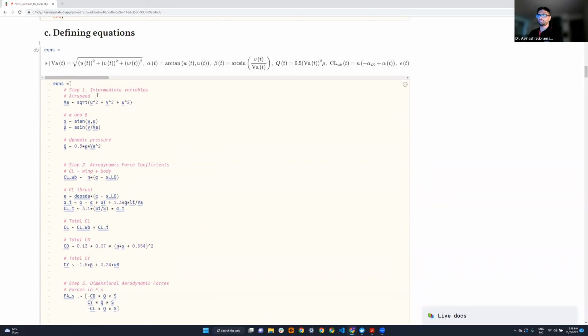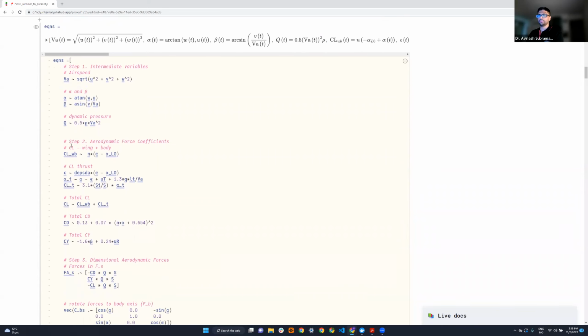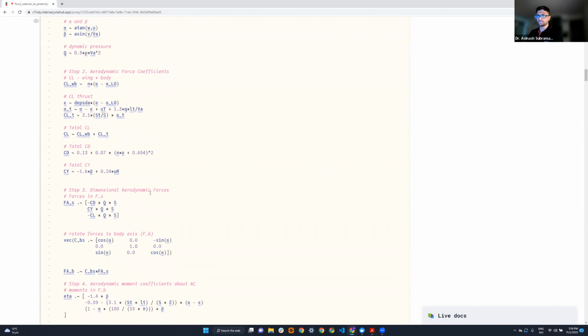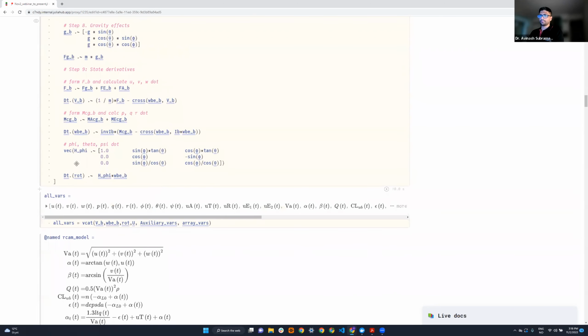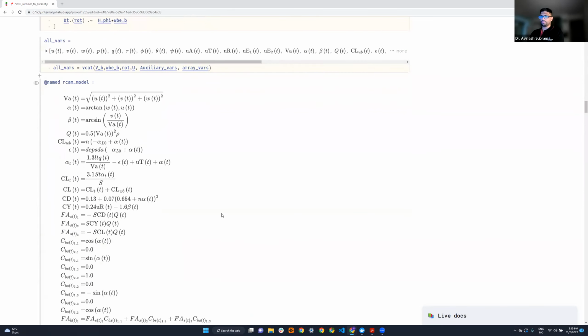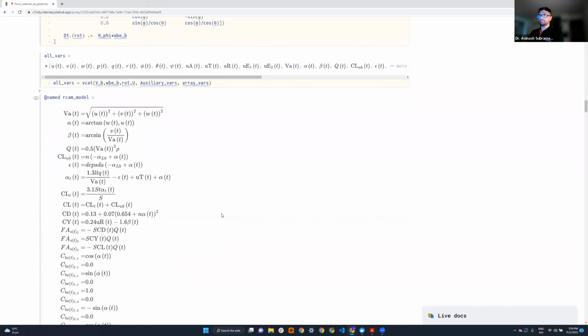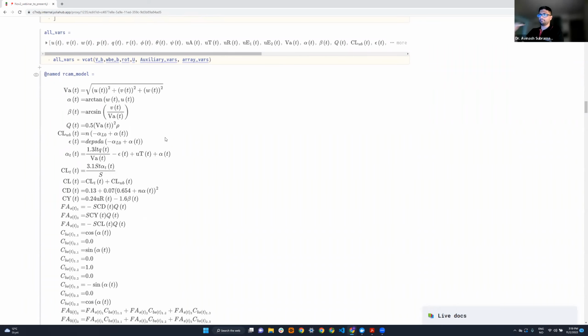So for instance, step 1 would be to determine the intermediate variables, determine the aerodynamic force coefficients, the dimensional aerodynamic forces, and so on. So it's quite a long procedure. And then we package everything into the ODE system model. So in total, this would define 118 equations and 123 states. So Pluto automatically gives us a LaTeX version.